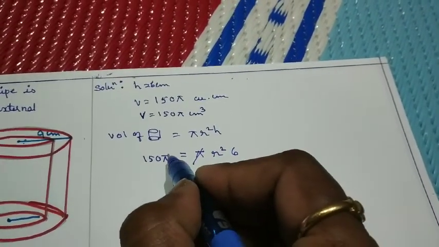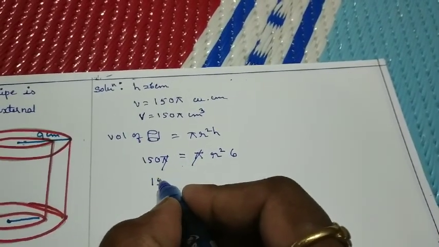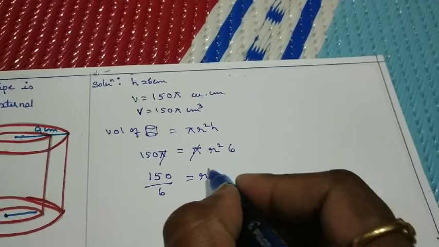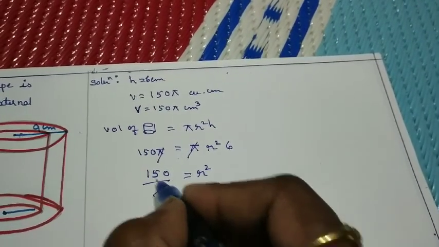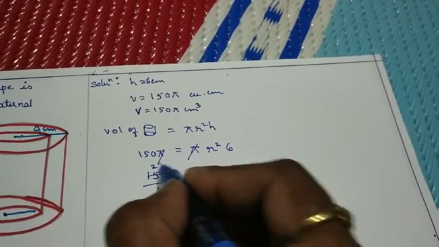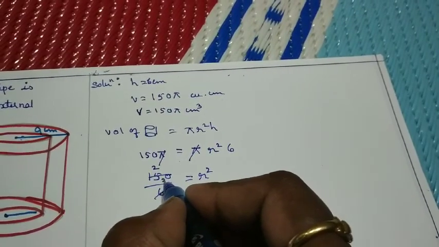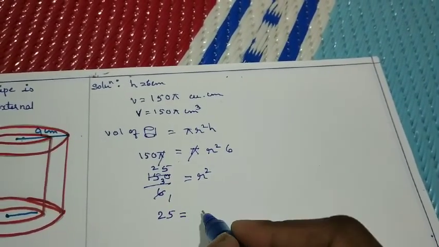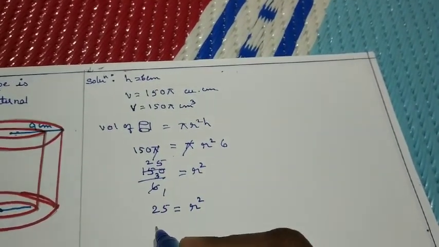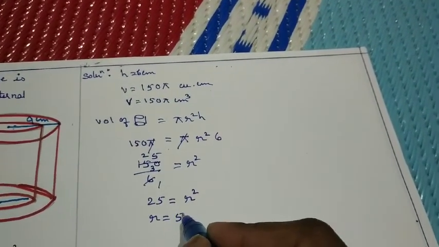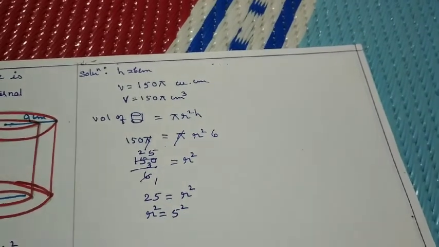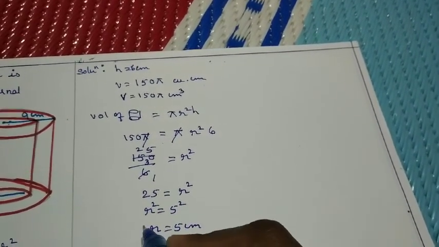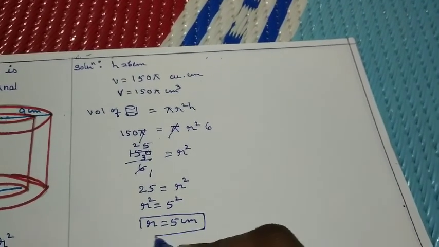So this pi gets cancelled. Then 150 divided by 6 equal to r square. 25 equal to r square, then r equal to 5 centimeter. We got the radius.